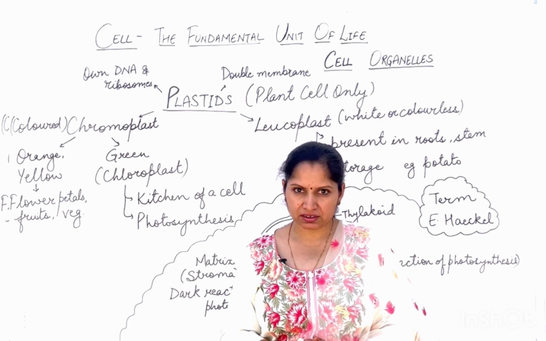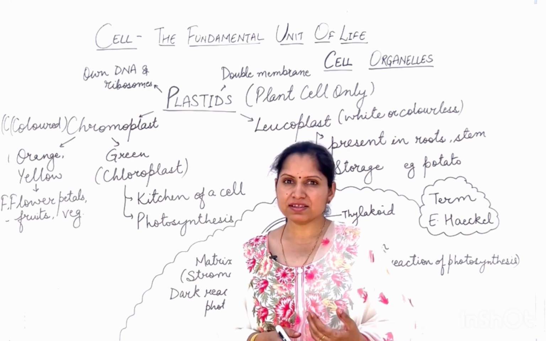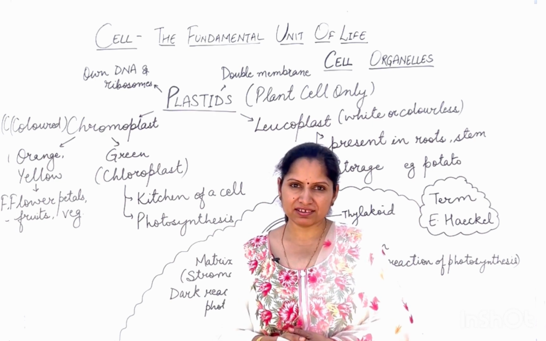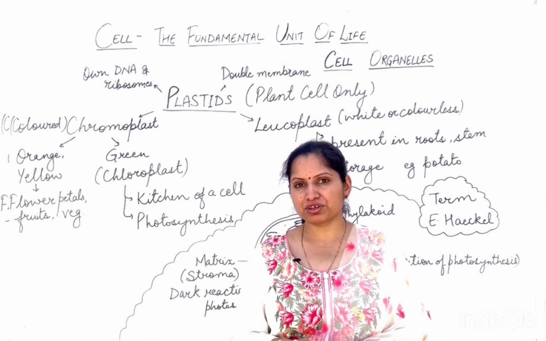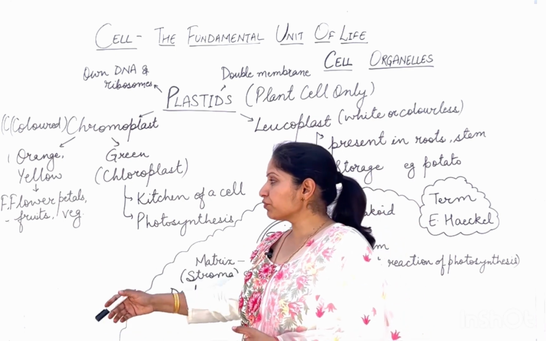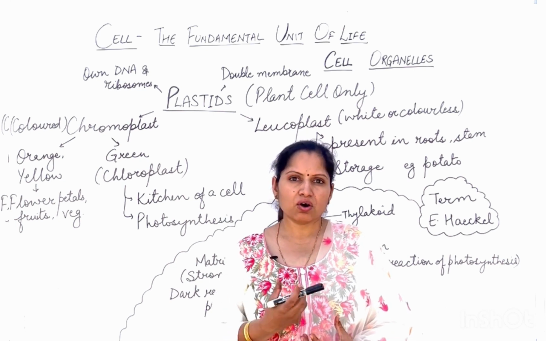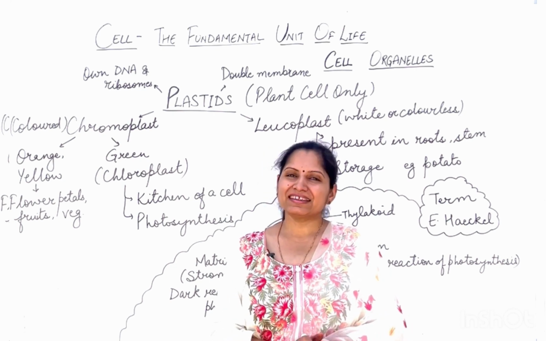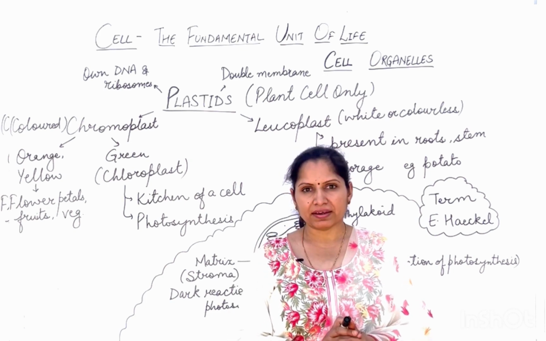This chromoplast could have different colors like yellow, orange. You must have seen the petals of the flowers having beautiful different colors, or you see different vegetables having different colors like brinjal. Whenever you see some fruits having different colors like the red color of apple or the orange color of orange, that is because of the presence of chromoplast.